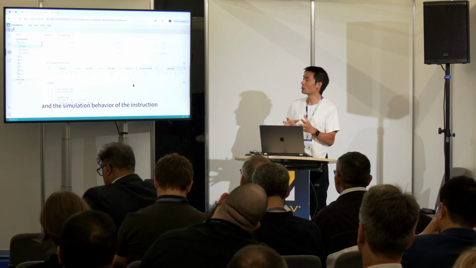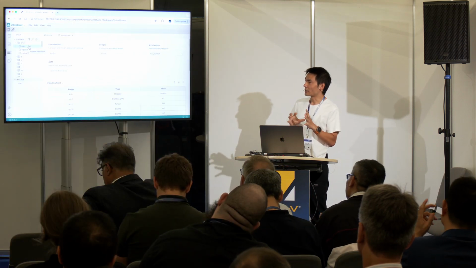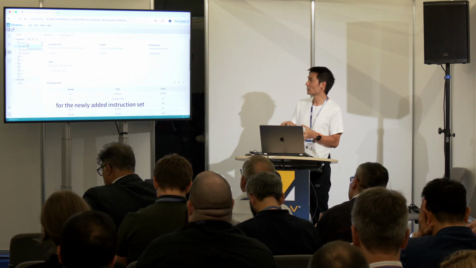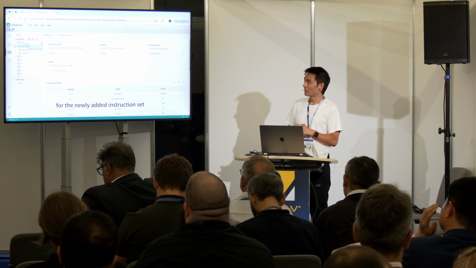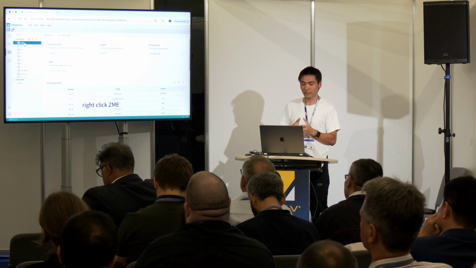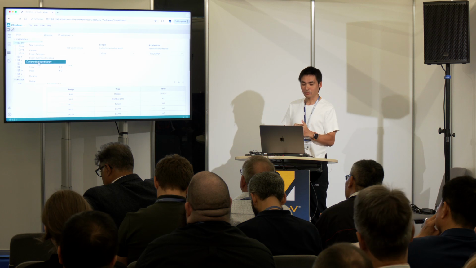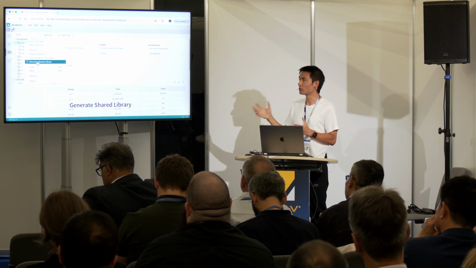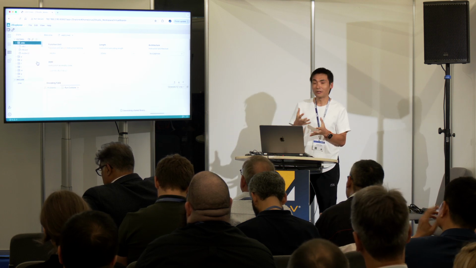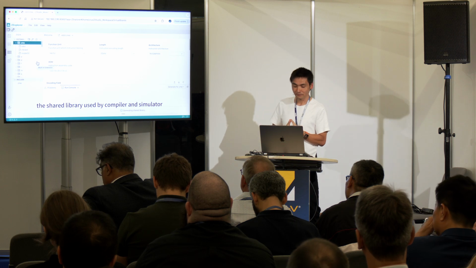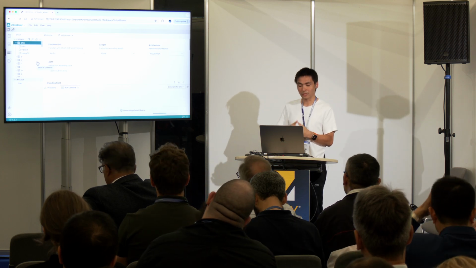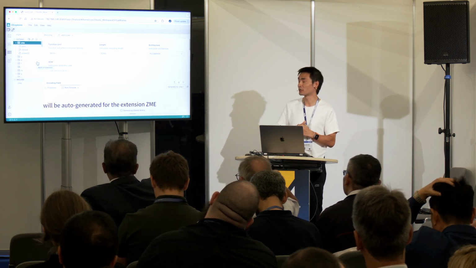And you also need to describe the simulation behavior of the instruction at the bottom. By right-clicking the ZME extension, we can generate a shared library, which will be used by our compiler and the simulator. This shared library supports those customized instructions.